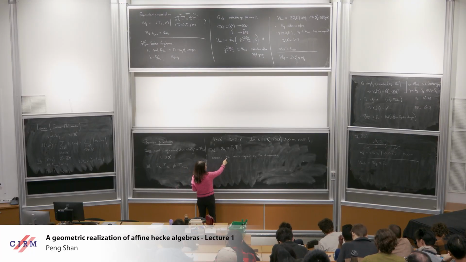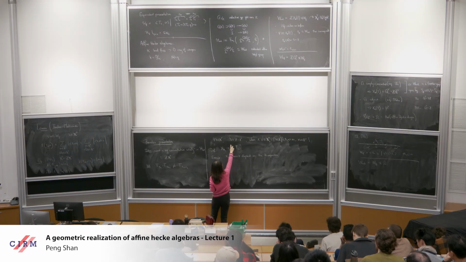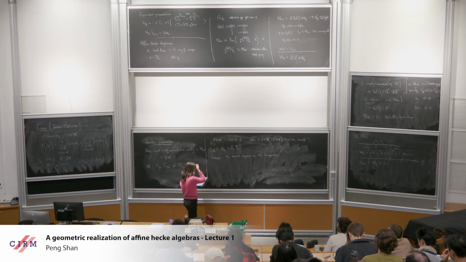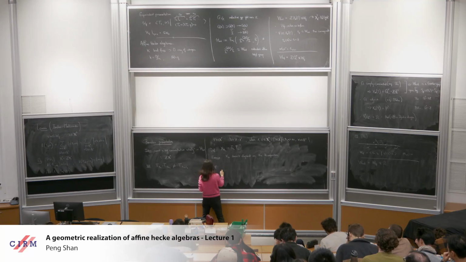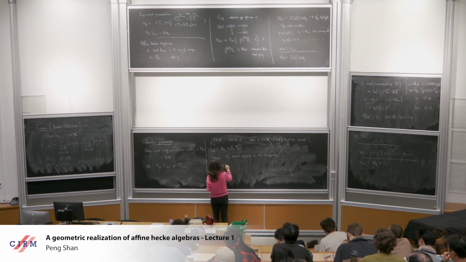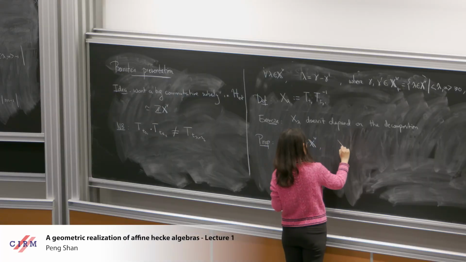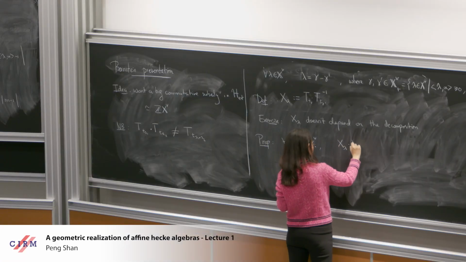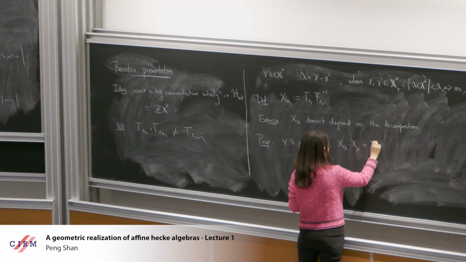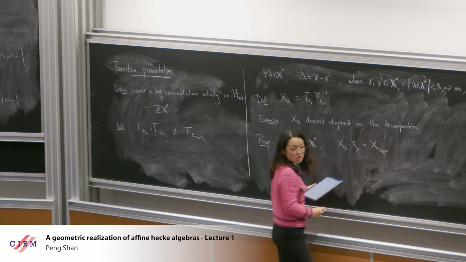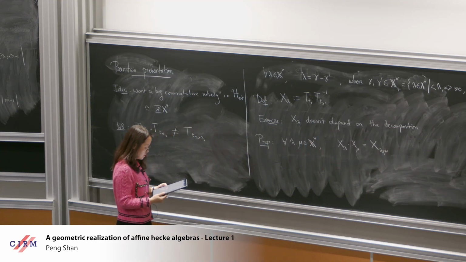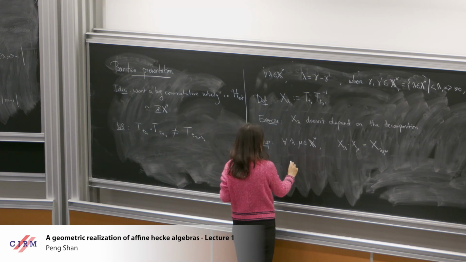So notice that X lambda is, I emphasize, not T of t lambda, something else. But an important property of this X lambda is that if you take lambda and mu two co-weights, then X lambda times X mu is actually equal to X lambda plus mu. Okay? And therefore, they generate a subalgebra inside the affine Hecke algebra.